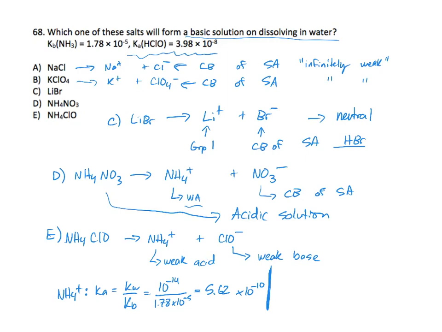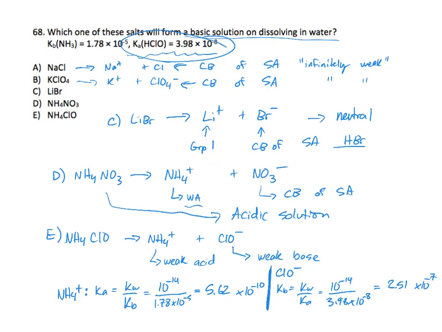We're going to do the same for the ClO minus, the hypochlorite anion. The Kb is equal to the Kw over Ka of the conjugate acid. 10 to the minus 14 divided by the conjugate acid, which is given in the question, is 3.98 times 10 to the minus 8. Is equal to 2.51 times 10 to the minus 7.